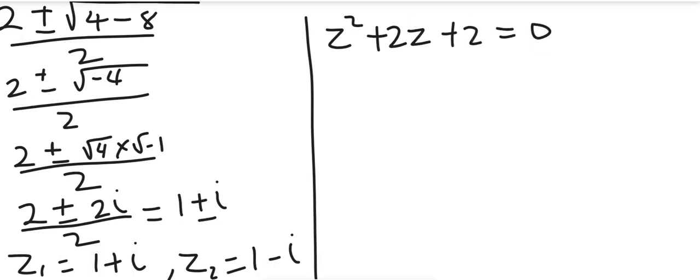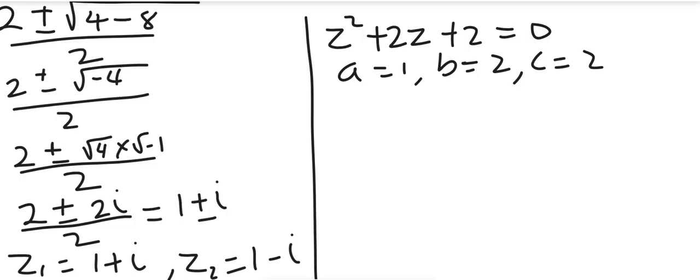This equation is not factorizable, so I'm still using my quadratic formula. I've written the formula earlier on. So a is 1, b is 2, and c is 2. Don't forget, in Cambridge, there's no mark for writing the formula. So it's the application of the formula that is very, very important.